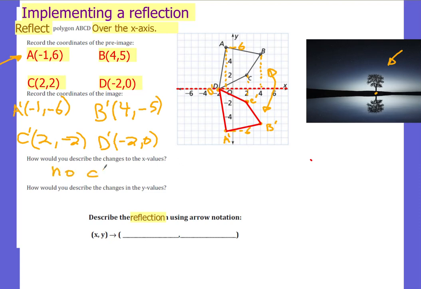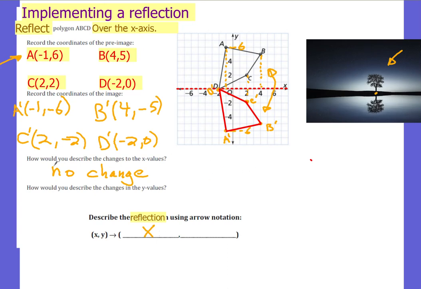There was no change, which you can think of x as like horizontal position. If I'm reflecting up and down, the horizontal position of any of these points on this tree did not change, so kind of expected. So if I'm reflecting across the x-axis, the x is just going to stay the same. X becomes x. There's no change.